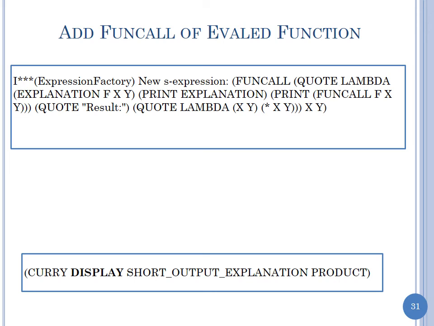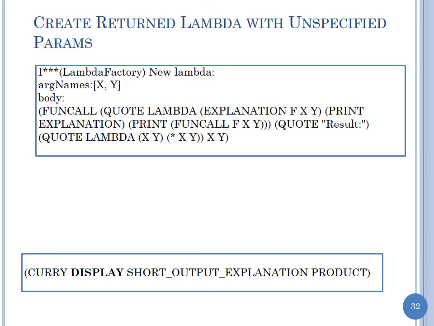And you add FUNCALL of quoted eval function, and you create the return lambda with unspecified parameters. Okay, so I actually fudged the trace I got from Andrew because he hadn't done the lambda evaluation, so that's where I made the mistake.